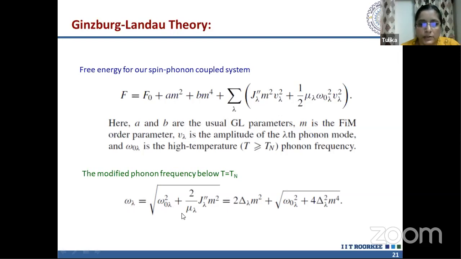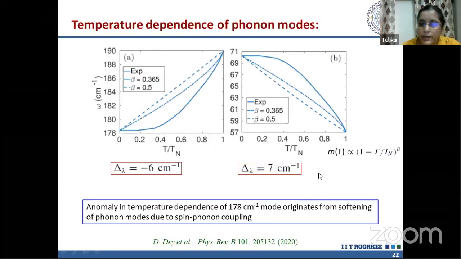So from DFT we took this delta lambda and this magnetic order parameter. We considered a model given by this, with the critical exponent 0.5, which is mean field behavior, and the 3D Heisenberg behavior is given by beta equal to 0.365.